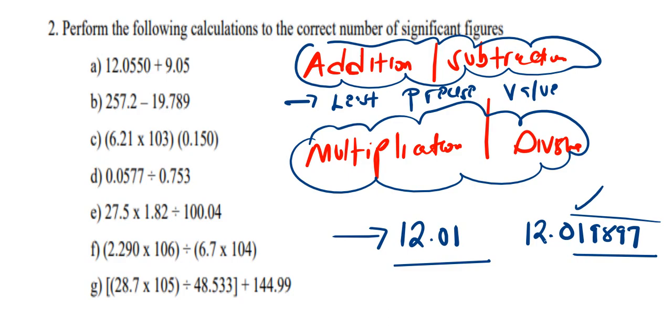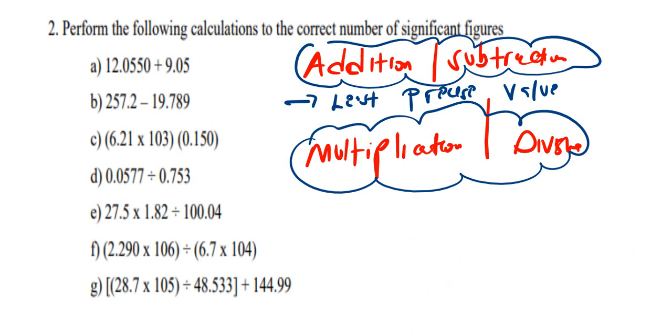So when you are adding or subtracting, your answer should have the decimal places of the one with the least precise value. So that's what we're talking about. Then for multiplication, what is the rule? For multiplication, you round to the same number of significant figures as the least precise value.